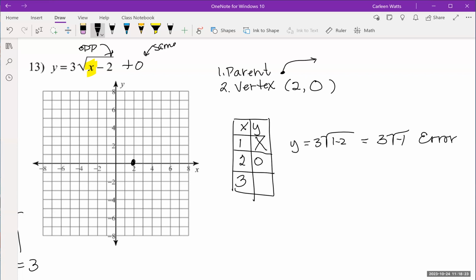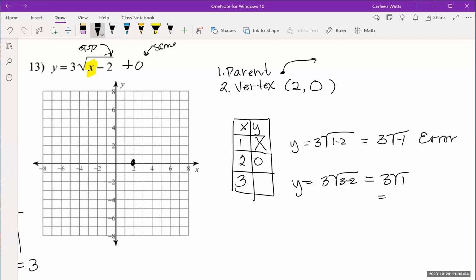Yeah. Okay, let's plug in 3. Y equals 3 times the square root of 3 minus 2 plus 0. Oh my gosh, I'm so sorry, I switched to absolute value. 3 times the square root of 3 minus 2, which is 3 times the square root of 1.